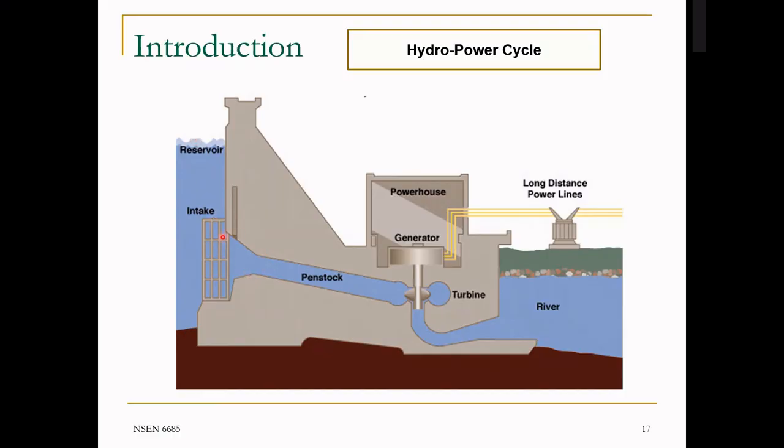Then suddenly we can open that gate, allowing that potential energy to go through a channel. That potential energy will drive that shaft, which will drive the generator and produce electricity. Then the water will flow out to the other side of the river. That's the idea of hydropower.